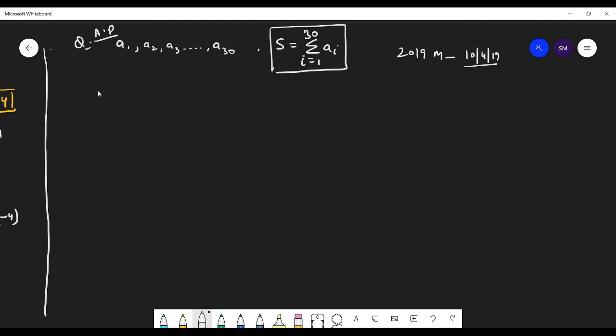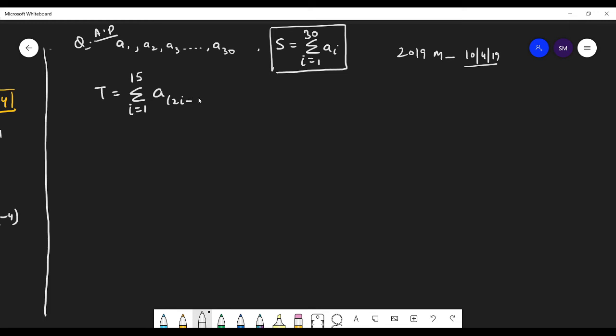Now T is also given to you. What is this T? T is also a sum, but the sum of which terms? A(2i minus 1).